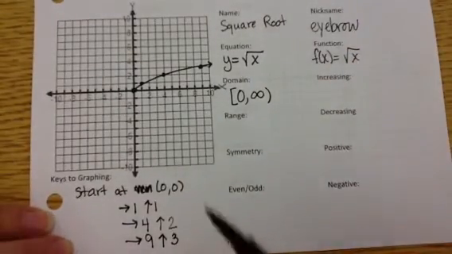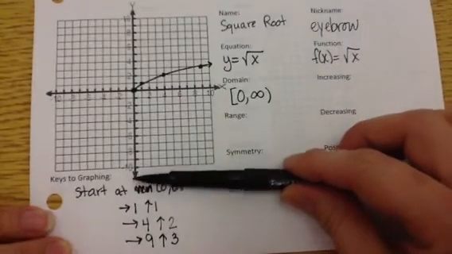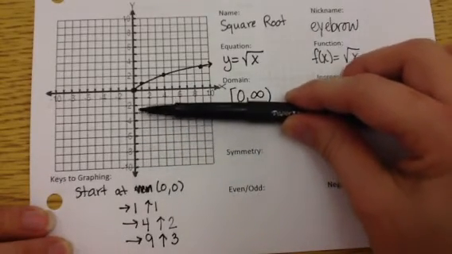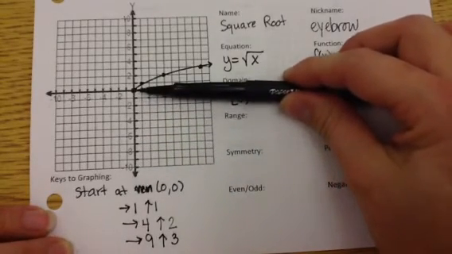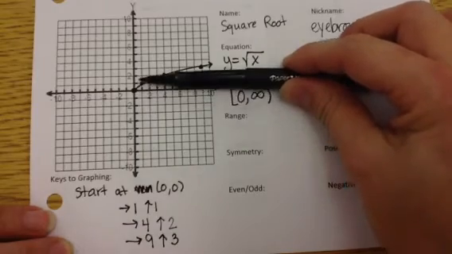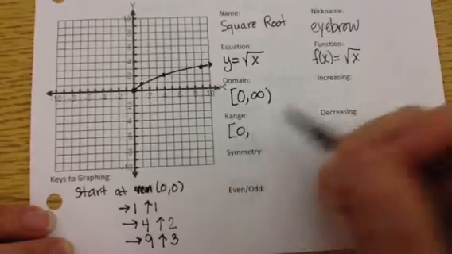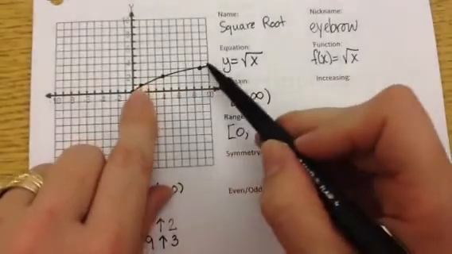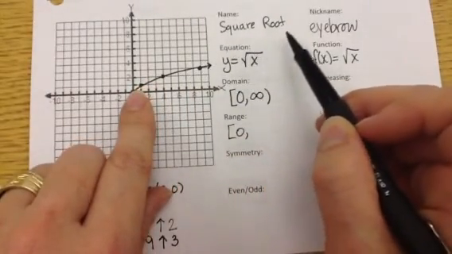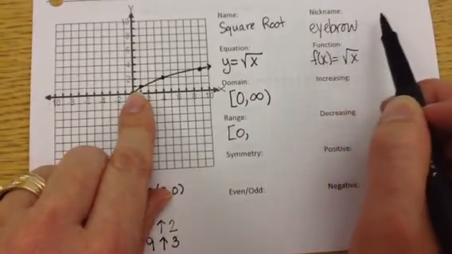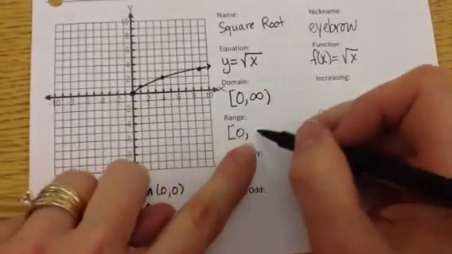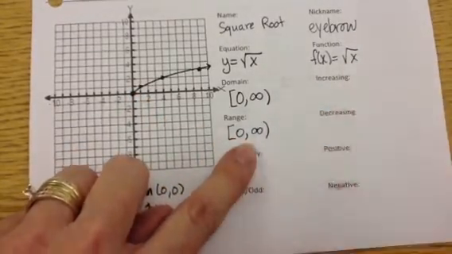Now the range, we're going to scan bottom to top. So starting at negative infinity, there's no graph until I get to this y value right here, which is 0. So the range will go from 0. Now notice that this graph continues to grow. So it does eventually continue growing, so our range also goes to positive infinity.